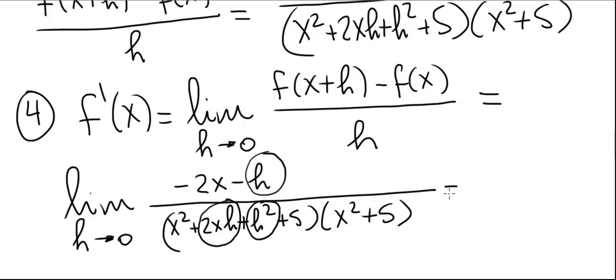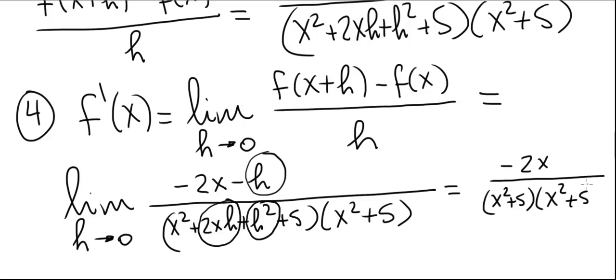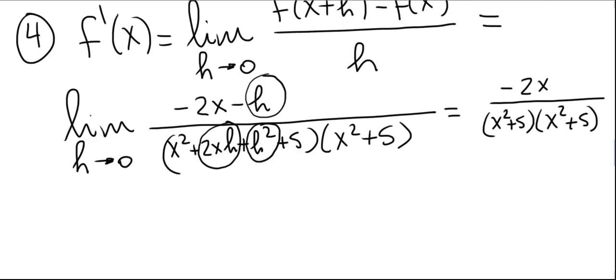So what stays is minus 2x in the numerator. In the denominator we have the x squared plus 2xh plus h squared plus 5 term with 2xh going to 0, h squared going to 0. We have x squared plus 5 left, and of course that's multiplied by another x squared plus 5. And we can simplify this to get the final answer as minus 2x divided by x squared plus 5 squared.